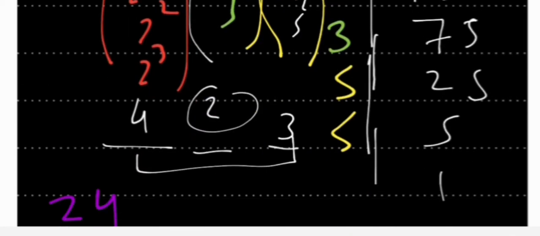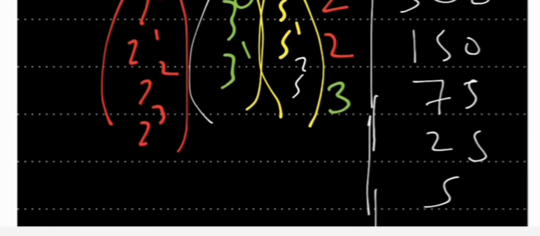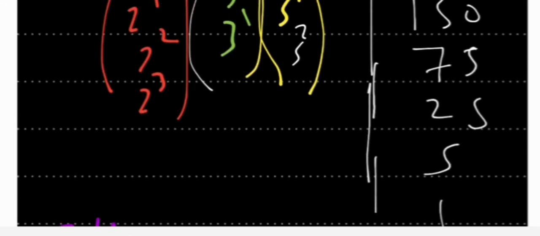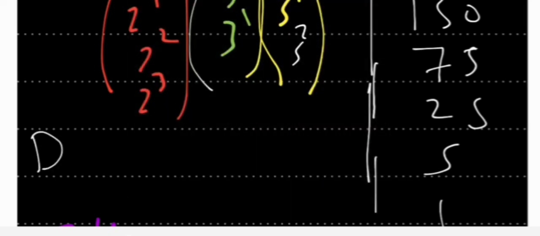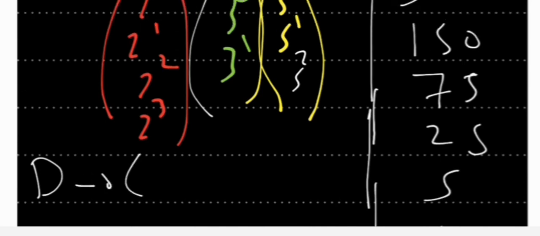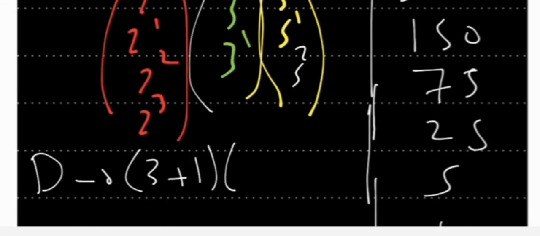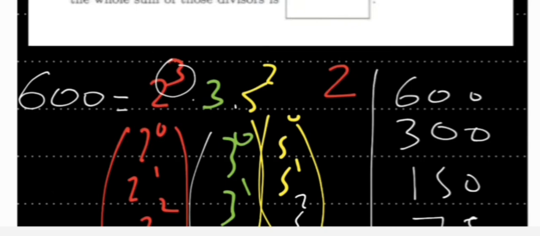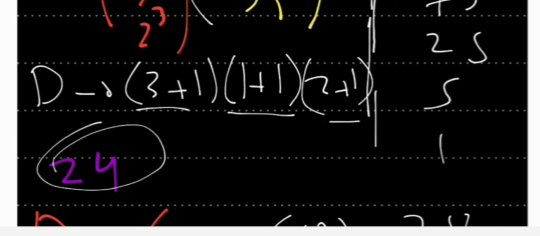And if you wanted to use the formula, if you were already comfortable with this, you could have said the divisors are what? Well, we have 3 here, so 3 plus 1 multiplied by 1 plus 1 multiplied by 2 plus 1. Okay, and this will be 4 times 2 times 3, which is 24.